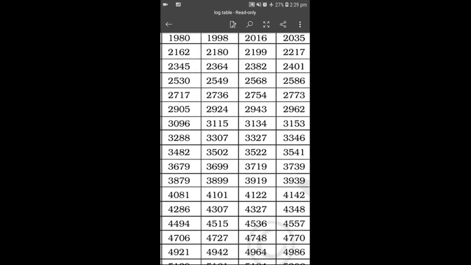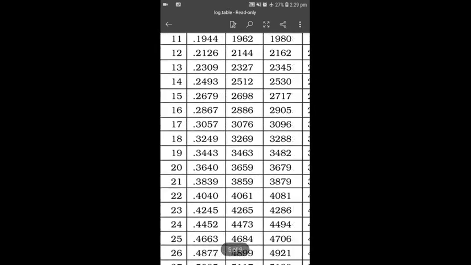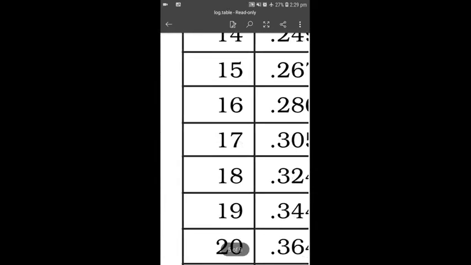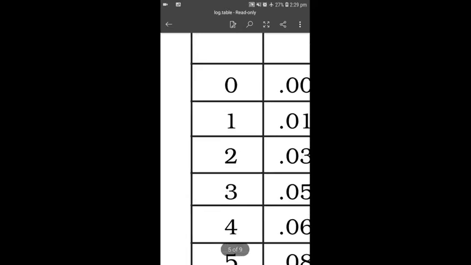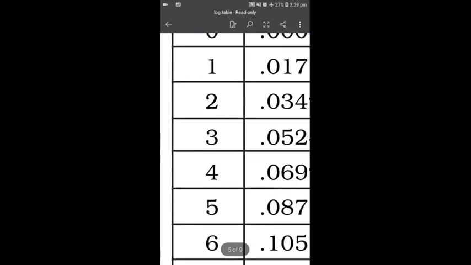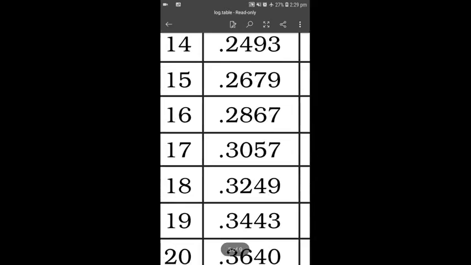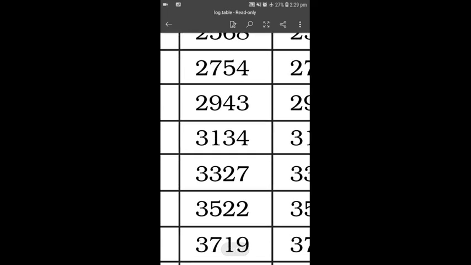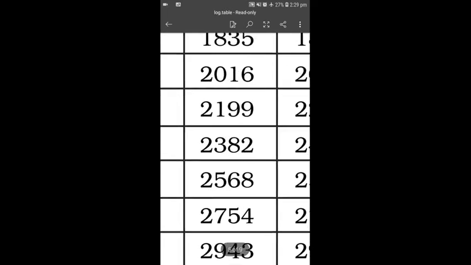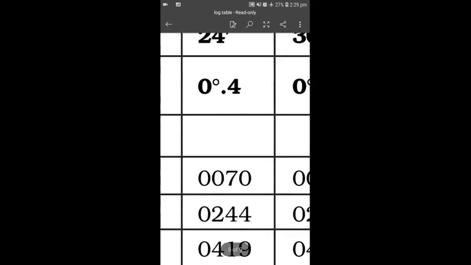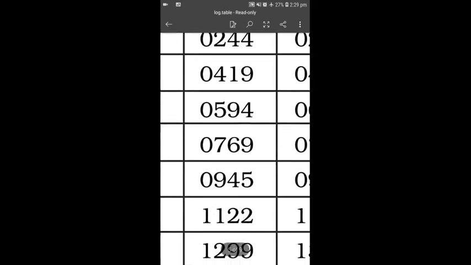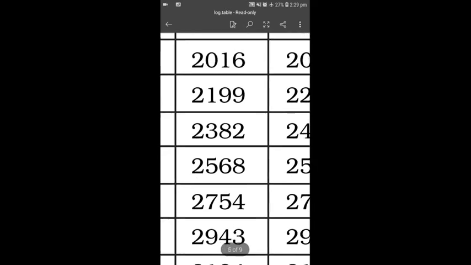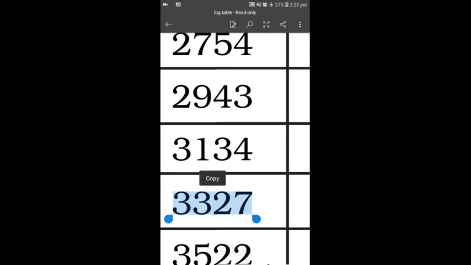So taking that 3327, you need to see that horizontally it is 18 degree, because the first column is for degree, and in that 3327 you need to see vertically it is 24 minutes, but here we need 3333 and we are having 3327, so we need to add 6.